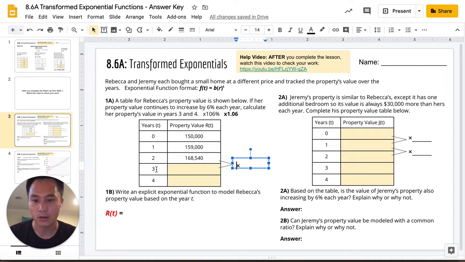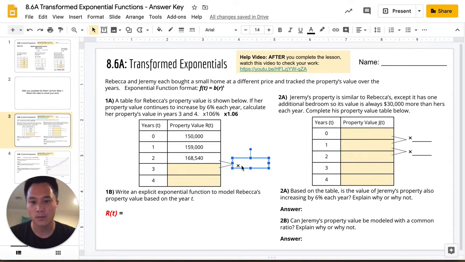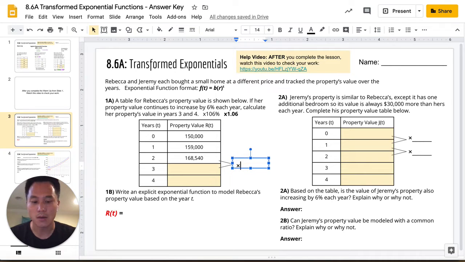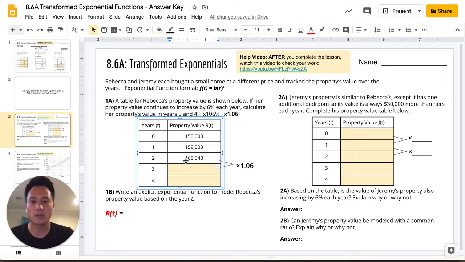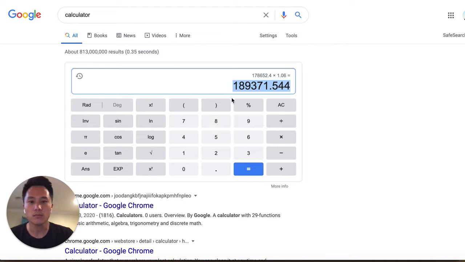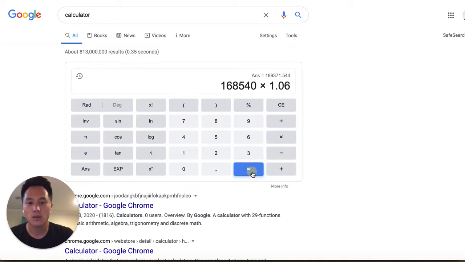To find year 3, all I have to do is multiply the year 2 value by the common ratio of 1.06. Let's try that in the calculator. I'm going to take 168,540 and multiply it by 1.06. And I get this amount here.